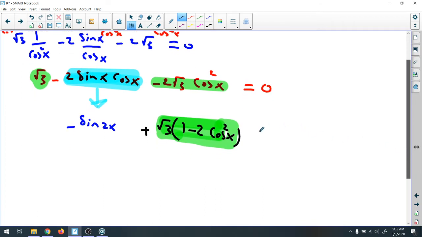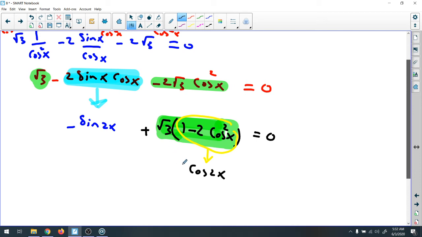Good. We became closer to the solution now. Remember, the formula for 1 minus 2 cosine square is the formula for what? Cosine 2x. Good. So this part, 1 minus 2 cosine square, will be cosine double x.